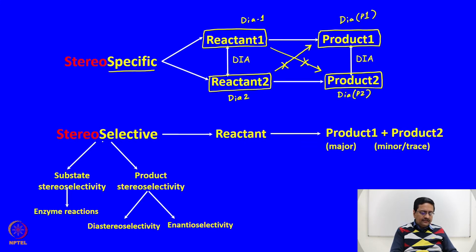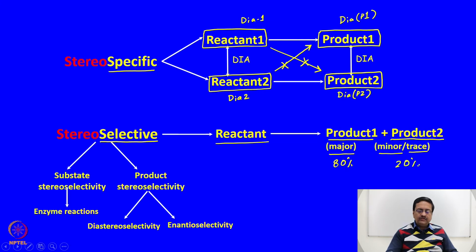On the other hand, in stereoselective reactions, one particular reactant can yield two products, one of them a major product and the other a minor or trace product. It may be that one product is 80% and the other is 20%, and then we call them major and minor.